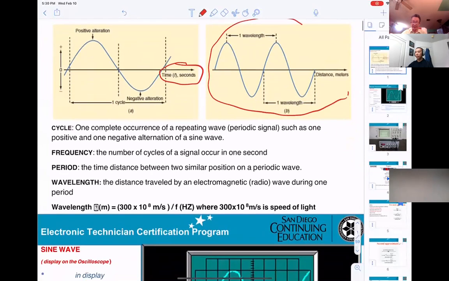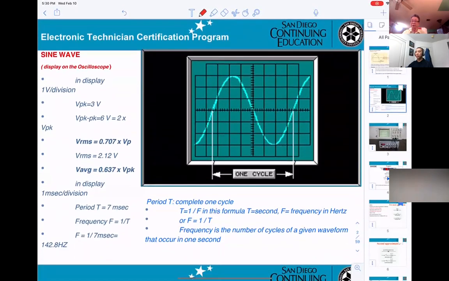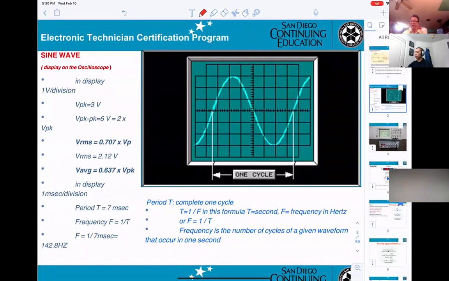The wavelength can be calculated by a formula, but we don't care about that formula until we learn about radio frequency. Also you must know this will be displayed for the sine wave on the oscilloscope.